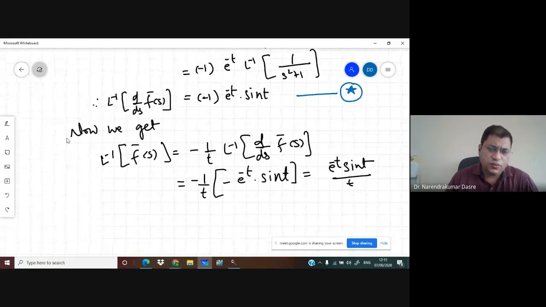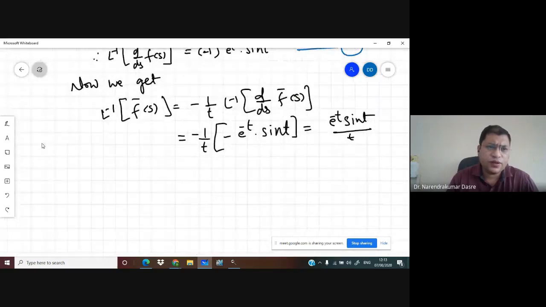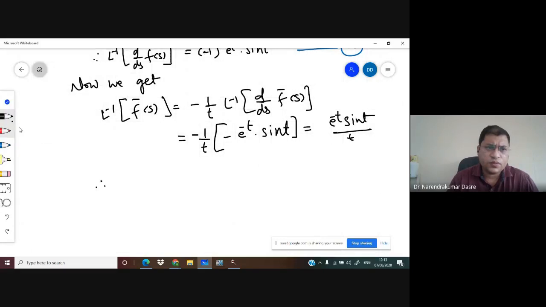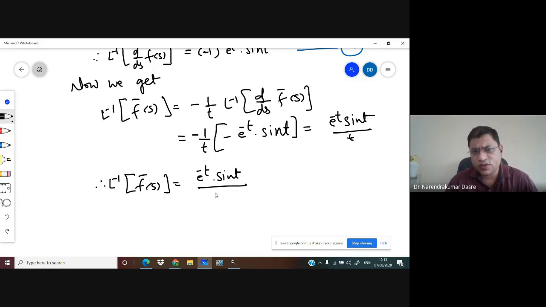So here we got the inverse Laplace transform of f bar of s is equal to e raised to minus t into sine t upon t.